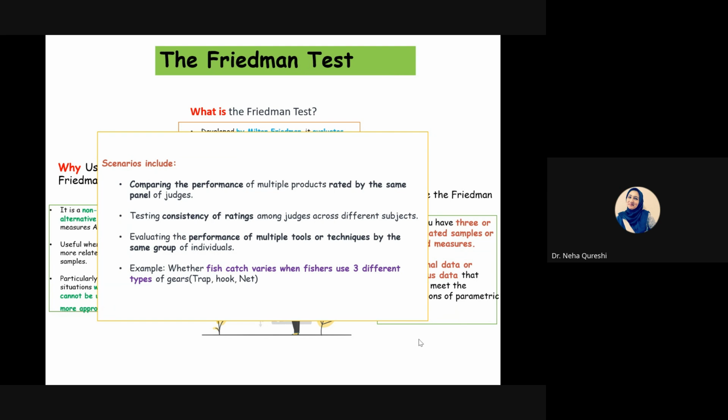Then after the first round is complete, you pool the results and send them again to all of them and ask, do you still want to keep the ranks as such, or do you want to change them based on certain information? Then the second round also you will get the results, then the third round. So when you want to test whether these results which are coming back in a loop are robust or not, that time we use the Friedman test.